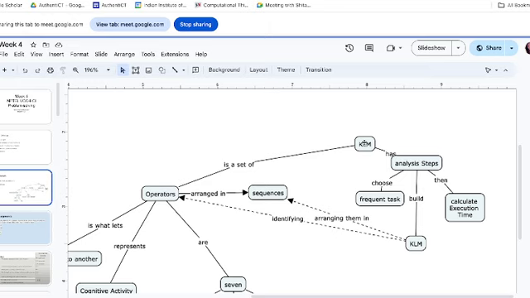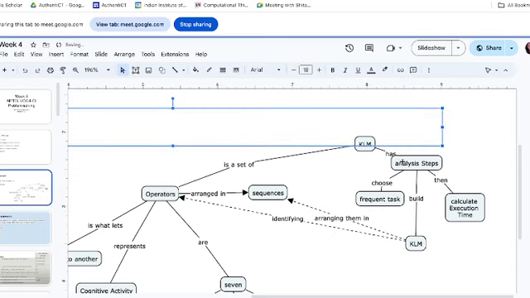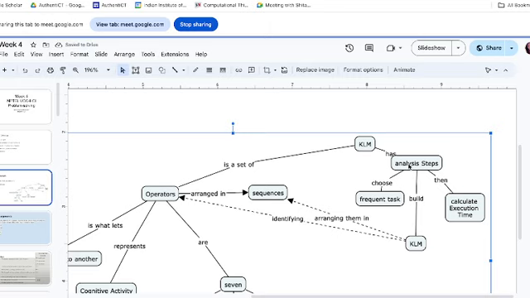Because to make a KLM model, it has analysis steps. In these analysis steps, we choose a frequent task that the user has to perform in the application or software that we are building, and we build a KLM model for that frequent task. The KLM model is built by identifying the operators that will be involved.